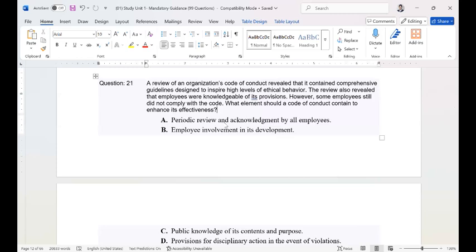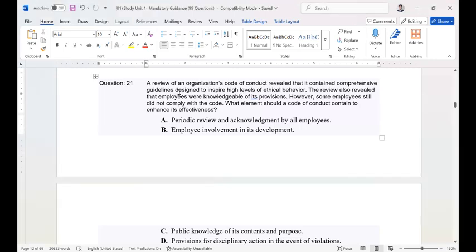What is the answer here? A. Is it? Why are you getting them to review an acknowledgement? Why is that important?